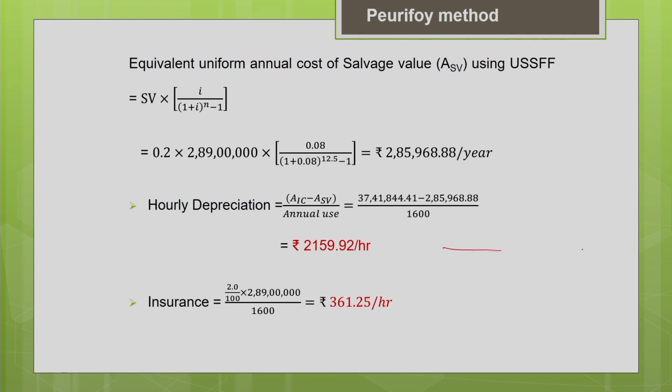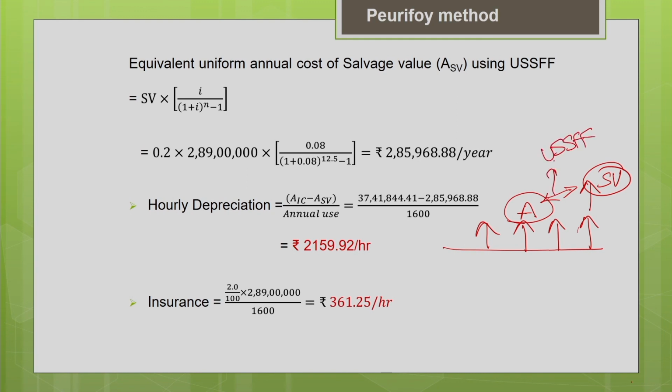Now I need to convert the future salvage value into equivalent uniform annual cost. How to convert it? Using the uniform series sinking fund factor. Hope you remember this. The sinking fund factor is i divided by (1 plus i) power n minus 1.